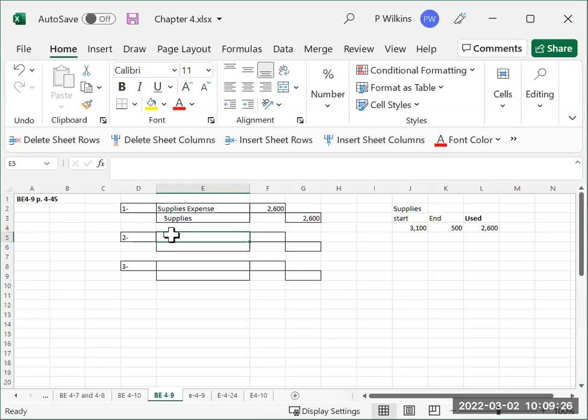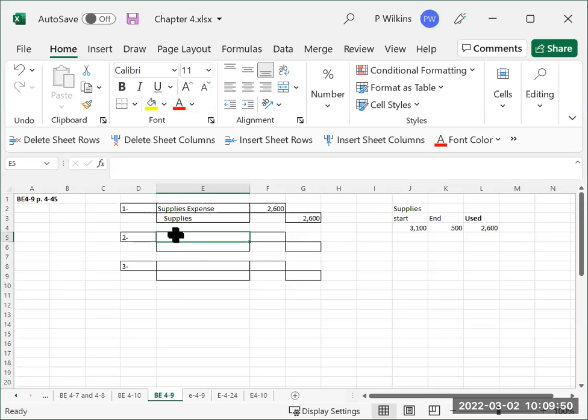All right. The second part of this says unearned service revenue was $8,200, right? And then if we go up to the other part, it says services of $2,900 had been performed related to the unearned revenue account. So what they're basically telling you is if the services were performed for the $2,900, then that's how much you earned.